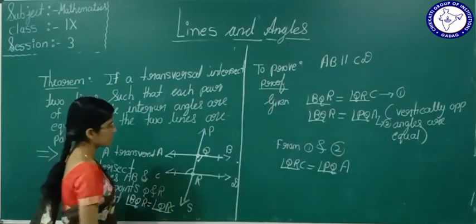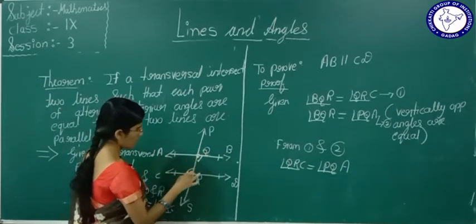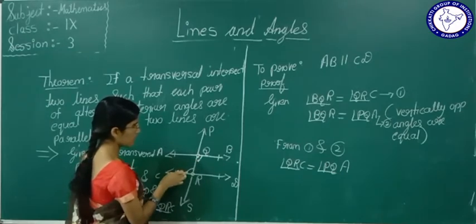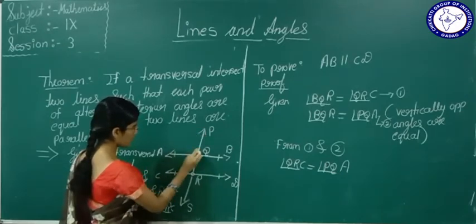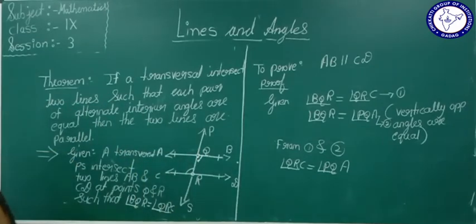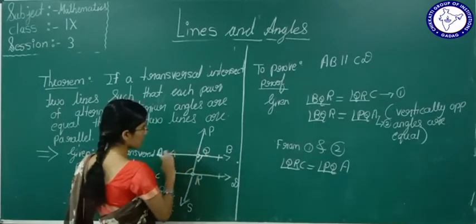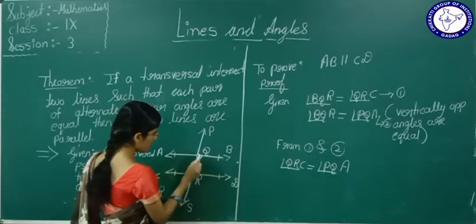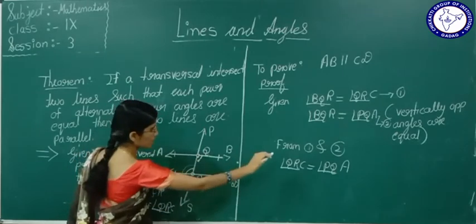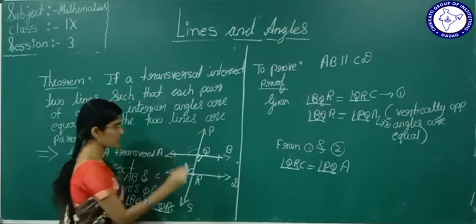What is it telling? Angle QRC is equal to angle PQA. It is telling these two. Okay, I will show this by double. Now see, angle QRC, this angle, and angle PQA. These two angles are equal, it is telling.